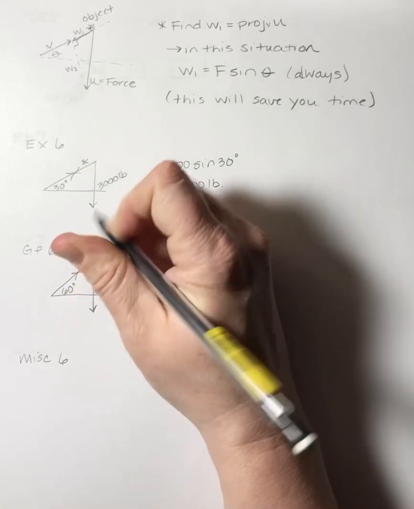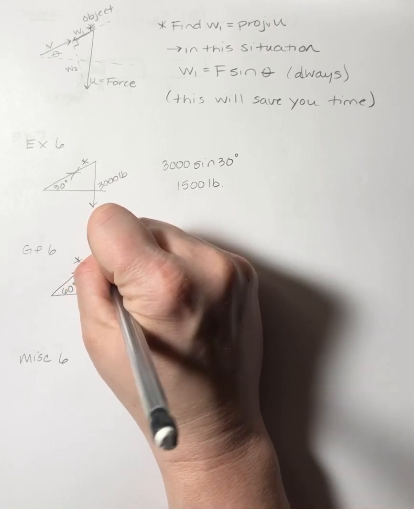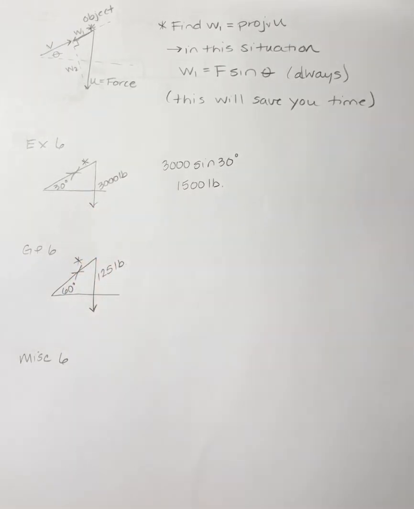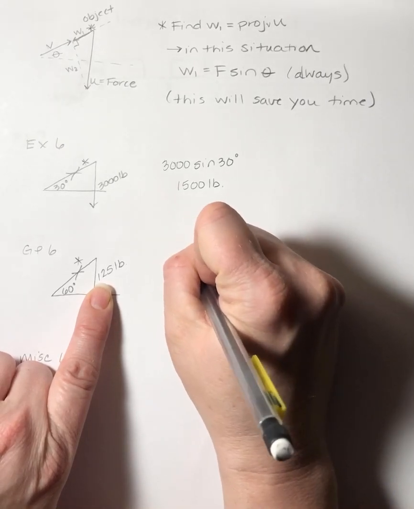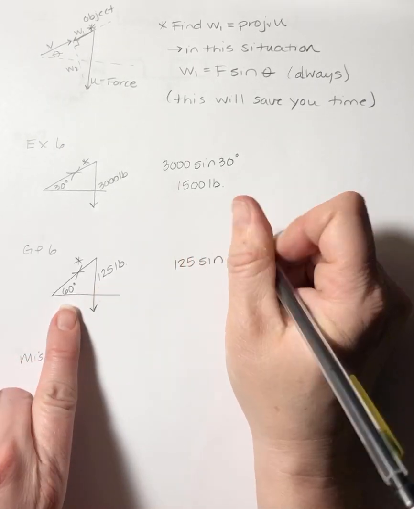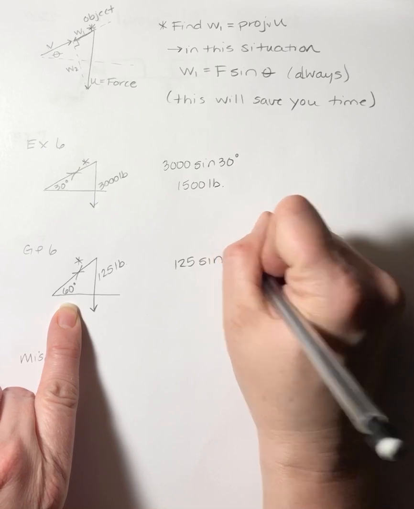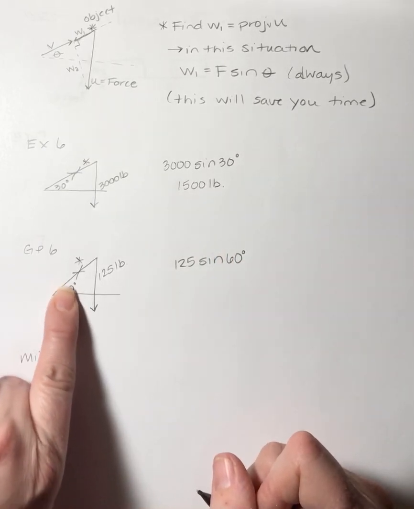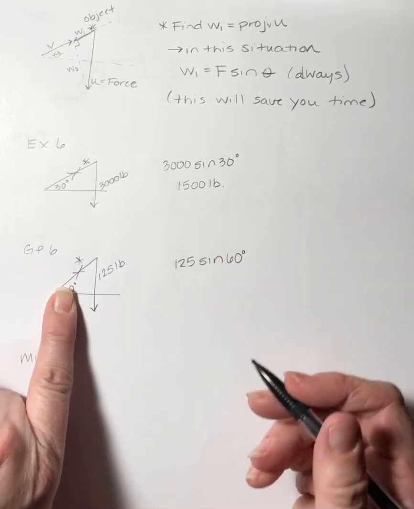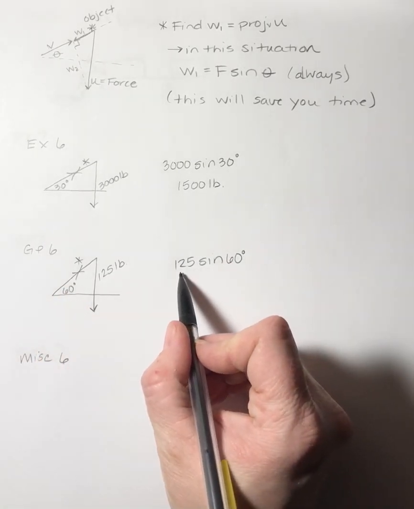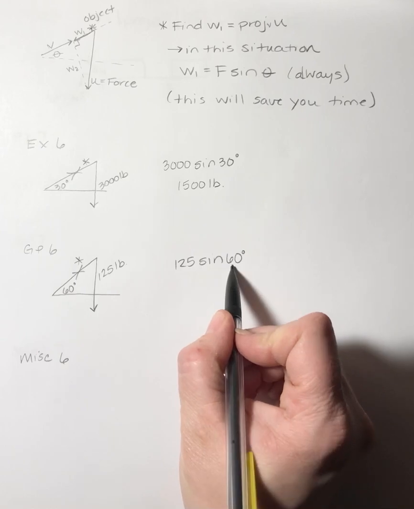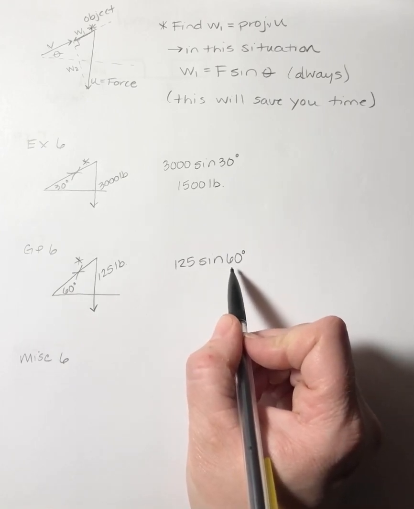So Mary and the sled weigh 125 pounds. So again, you take that force, 125, times the sine of your angle of inclination, the angle of incline. And this one, sine of 60, is square root of 3/2.